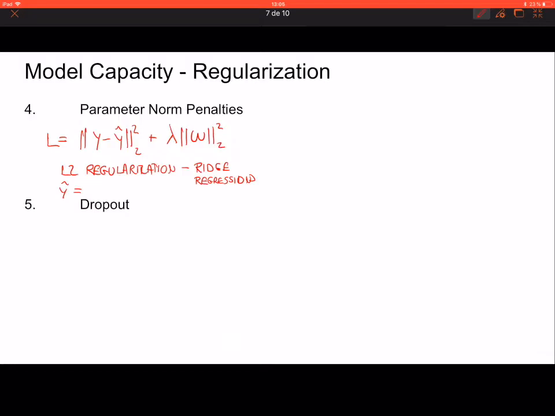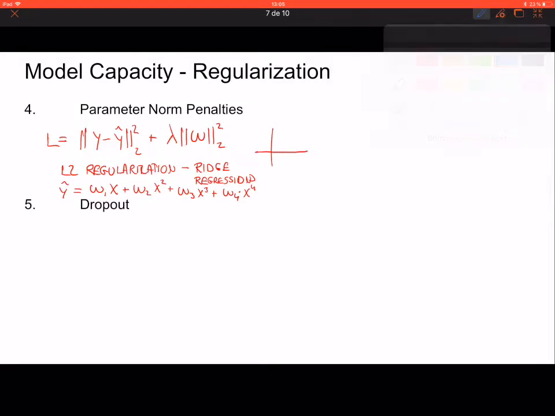A neural network is not a linear regression, but the intuition is sort of equivalent. So we could have W1 times X plus W2 times X squared plus W3 times X cubed plus W4 times X to the power 4. And we were trying to fit, say, a data cloud again that looks like a parabola.